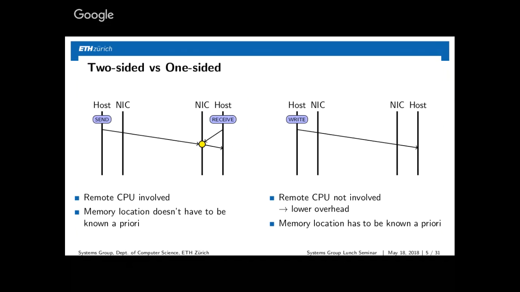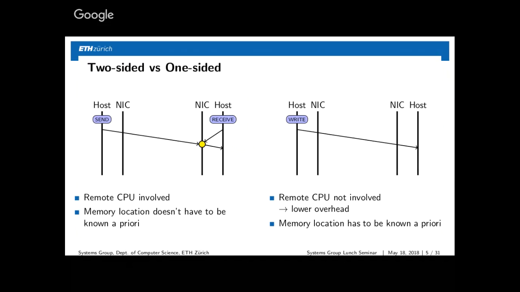And in general, this should have slightly lower overhead and not introduce any delay in case the remote CPU is actually not ready and hasn't issued any receive. But it has the drawback that this memory location has to be known a priori, and usually this requires some kind of exchange in the beginning or regularly, where this information is exchanged among all the nodes.